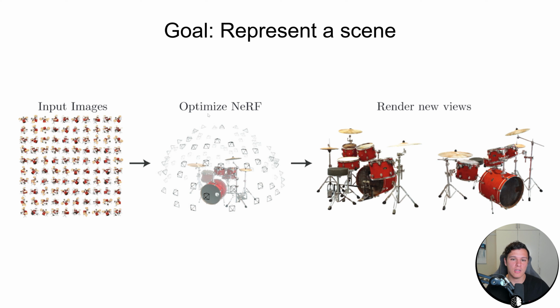And the idea is that we can then train NeRF, optimize NeRF, and then we can synthesize a view of this drum kit. Or this scene in general. It's not a particular object, it's a scene. So basically make a 3D reconstruction from a multi-view image input. So from 2D images viewed from different angles, we can reconstruct a 3D scene and we can render new views.